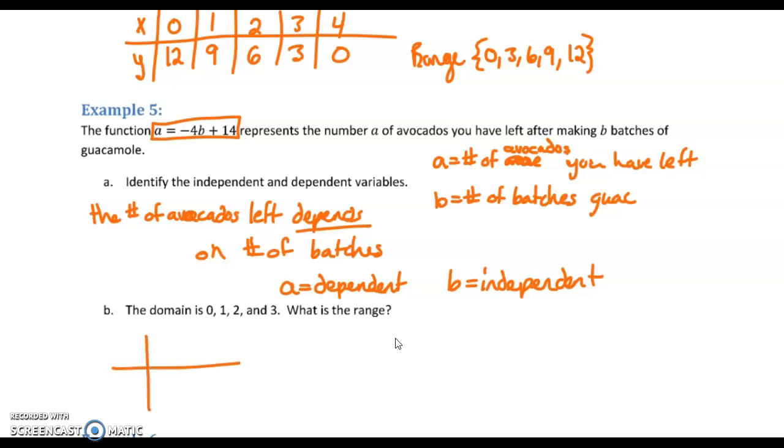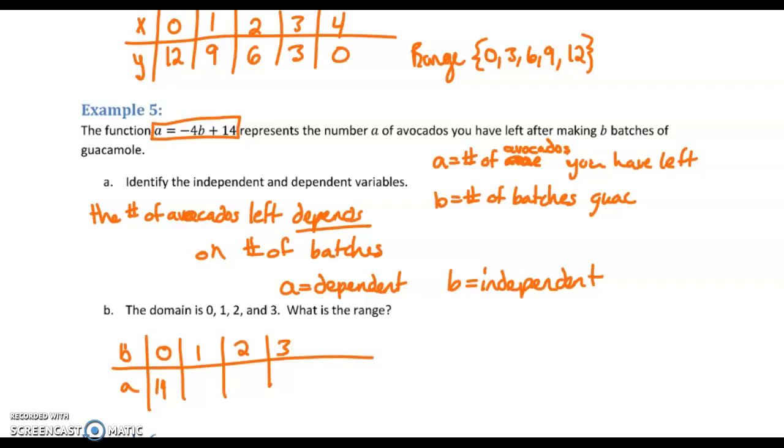Okay, so when it asks you for domain, in this case, B is the number of batches. So if you make no batches, 1 batch, 2 batches, or 3 batches. If we plug it into our function, we would have 14. So that means if we make no batches, we have 14 avocados. So that must be how many we started with.